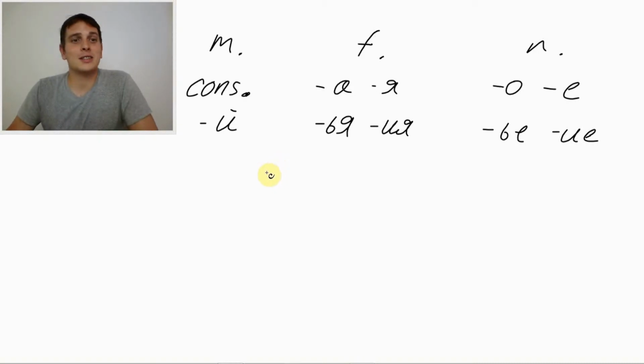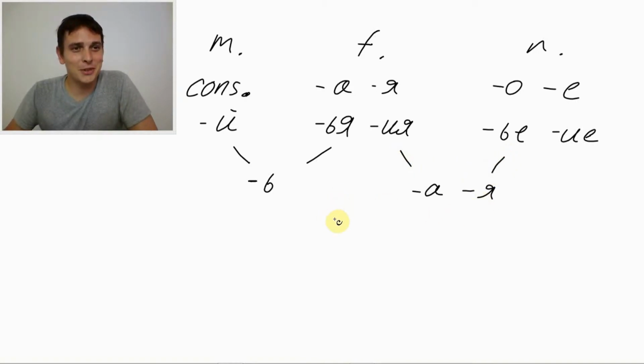First, let's start with one shared by male and female, which is the soft sign. If a word ends in a soft sign, it could be both male or female. And if a word ends in a or ya, it could be both female and neutral. Kind of difficult.